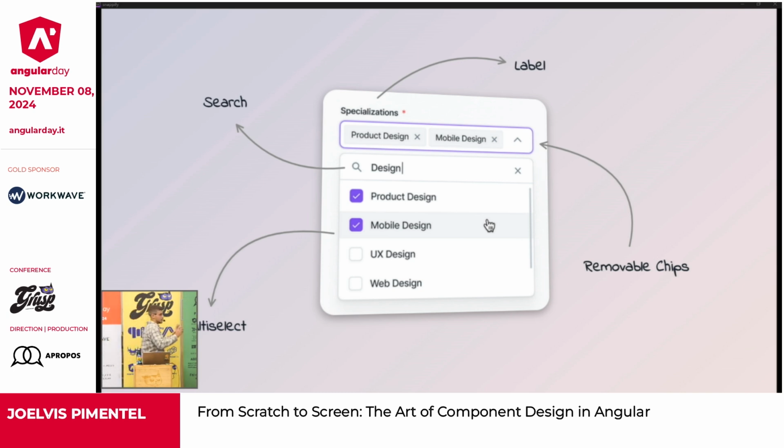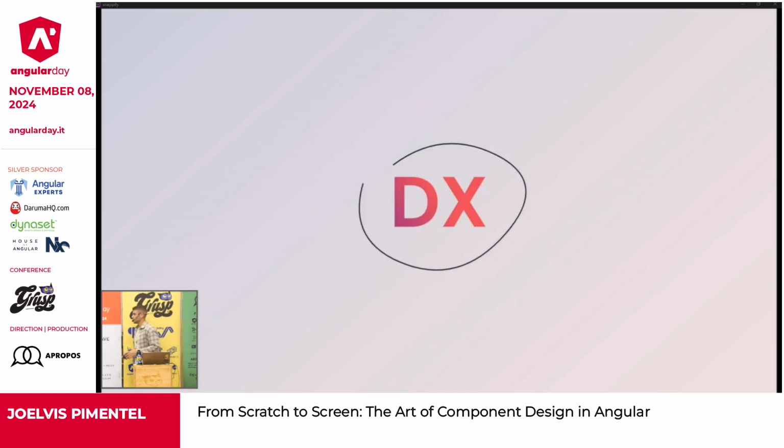See, when you are developing for others, and by others I mean other developers, be it your coworkers or developers from around the world, you quickly realize that your goal is shifting from delivering features to developer experience, making straightforward components that are easy for developers to use and maintain.